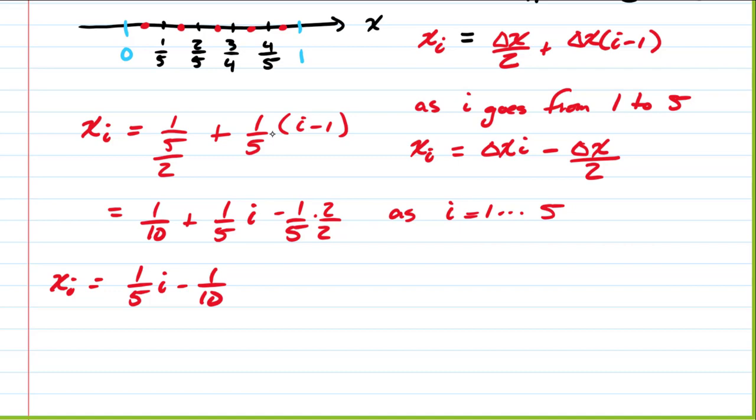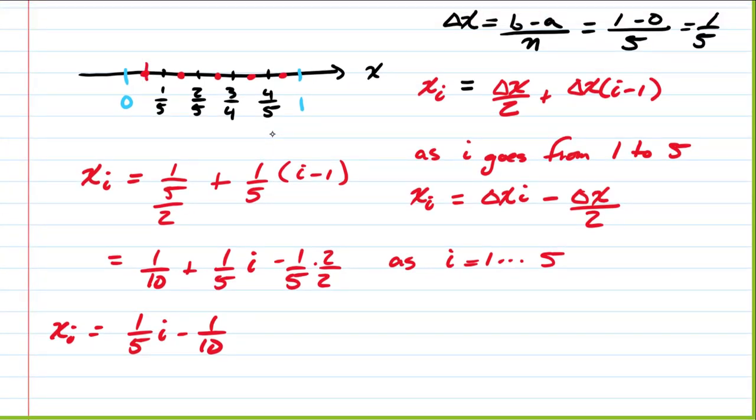But the idea was we were trying to find these sample points, right? So to get halfway in between, what did we do? In the top formula up here, we started by adding half of the width of a rectangle, and then we kept adding delta x's to get to the next one. In this version down here, we started at this right here, but then immediately added a delta x.